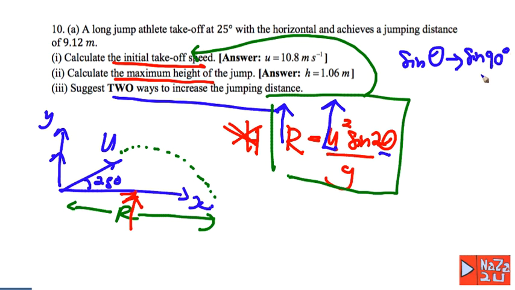Because it is times 2, theta must be half of 90, which is 45 degrees. So you can use theta of 45 degrees and increase the initial u to increase the range r. So that's all. Thank you.